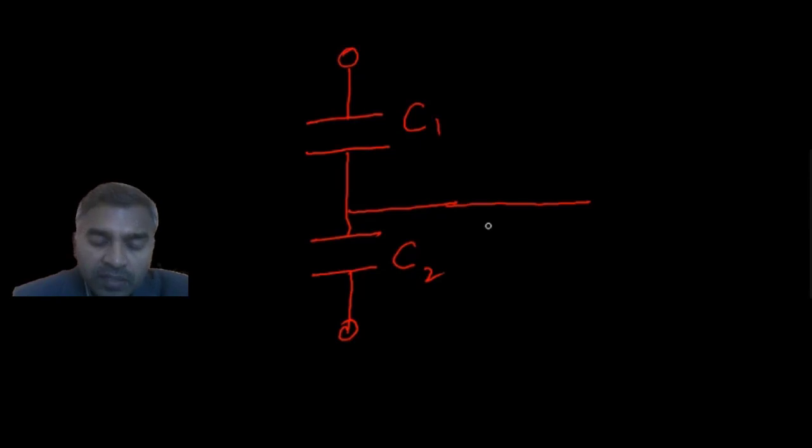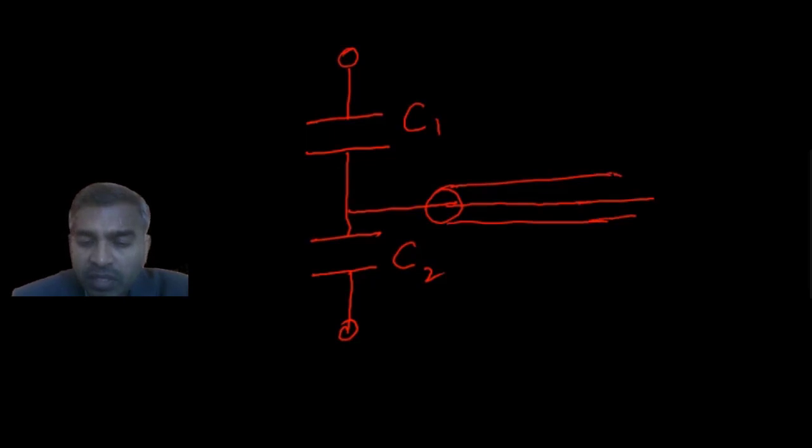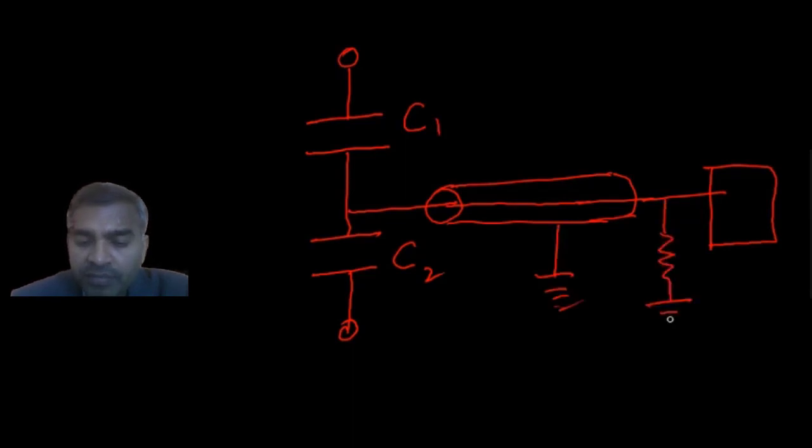This voltage can be measured using a cable connected to an oscilloscope. This end is grounded, and some terminating resistor is needed, which we will consider later.